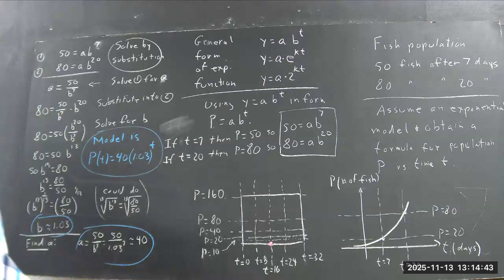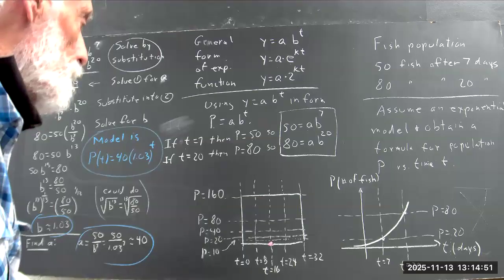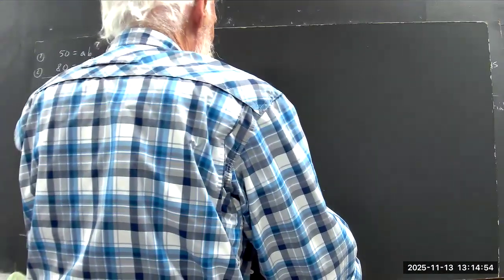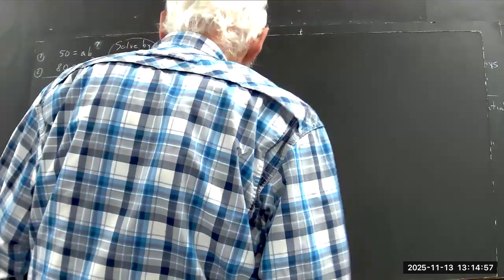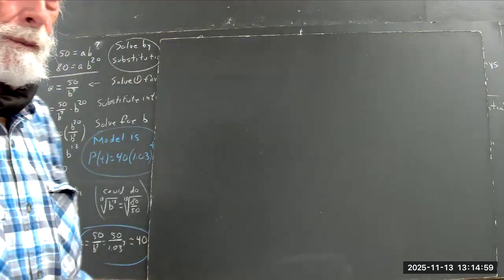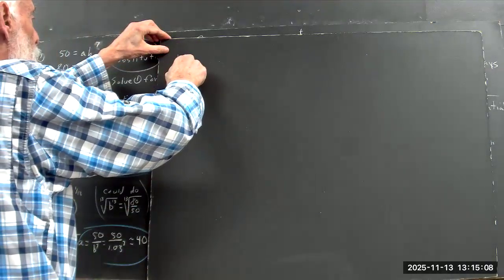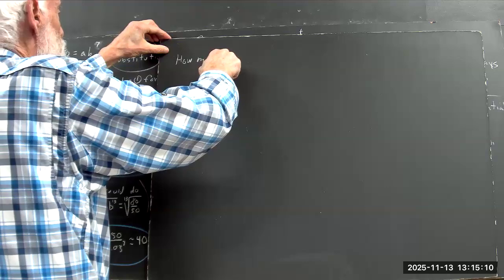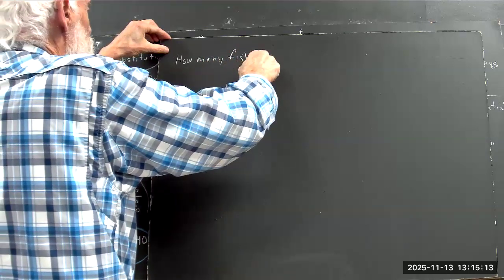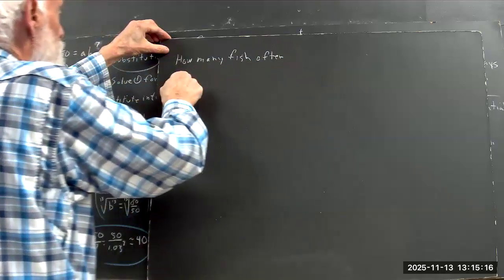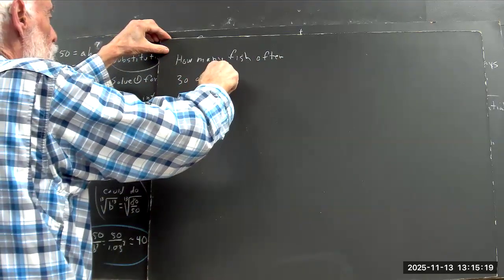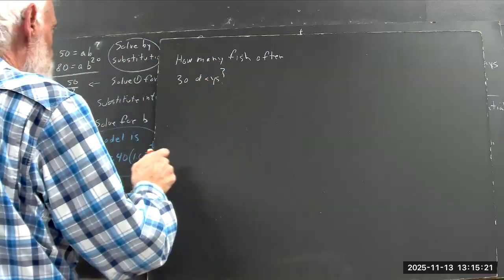Okay, well, so we could, if we want to know how many fish we can anticipate at the end of the month, how many fish after 30 days?